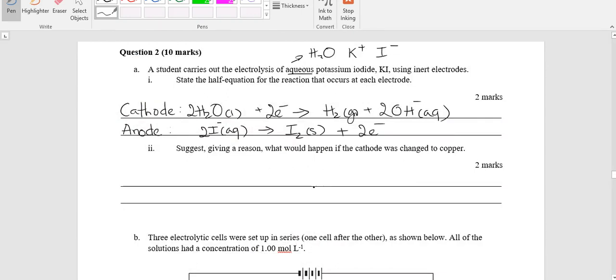Now this second part, a lot of people got wrong. Suggest what would happen if the cathode was changed to copper. What is supposed to happen at the cathode is reduction. Red cat, reduction happens at the cathode. So you have to consider what copper is and whether it has any chance of competing with anything if it is the cathode.